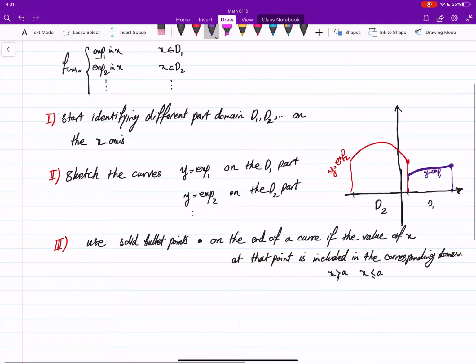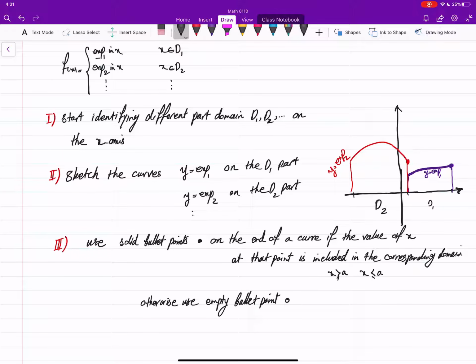Well, if it is not included, on the other hand, otherwise use an empty bullet point, like the hollow one.